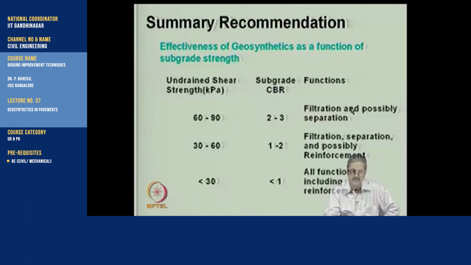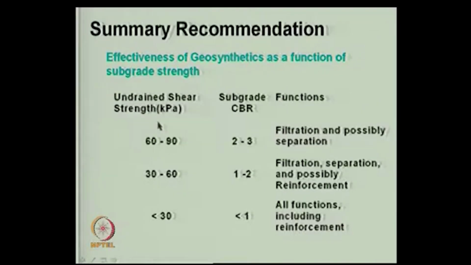At that time the functions like filtration and separation are very helpful. If it is somewhat stronger in this group, and the CBR is between 1 and 2, filtration, separation, possible reinforcement action may help. But if the soil CBR is less than 1%, all mechanisms of improvement are very useful.